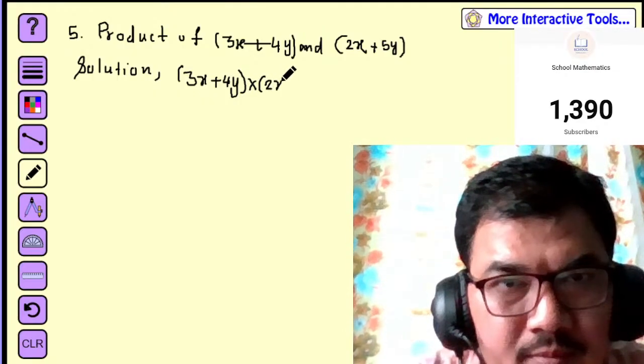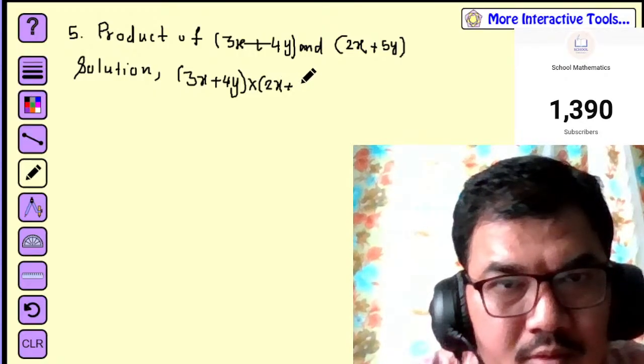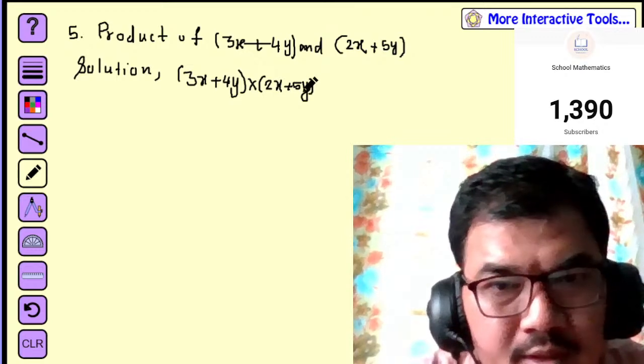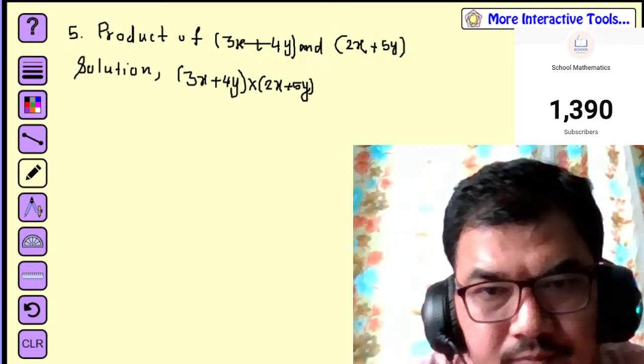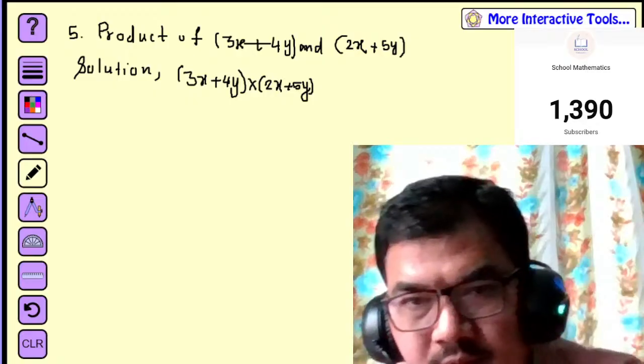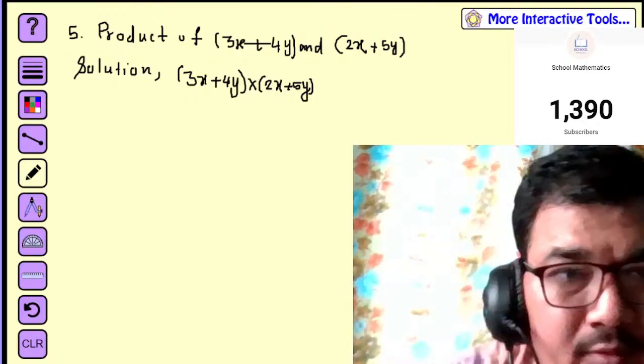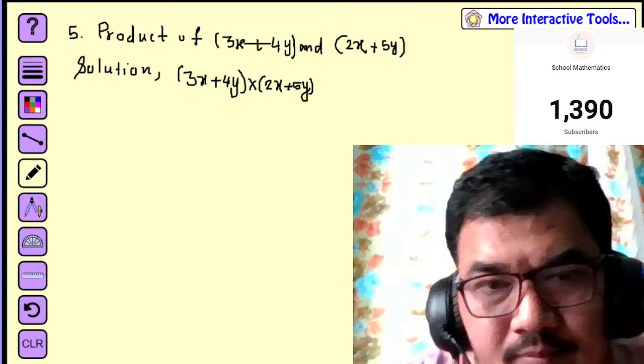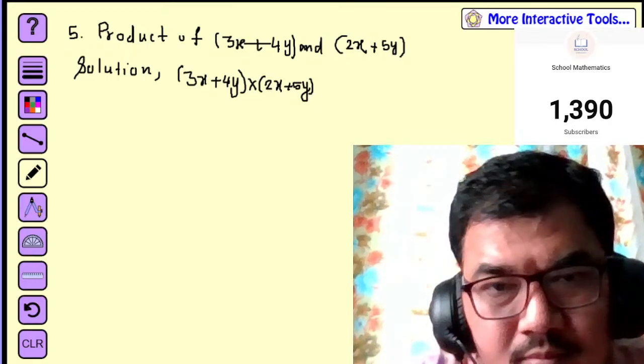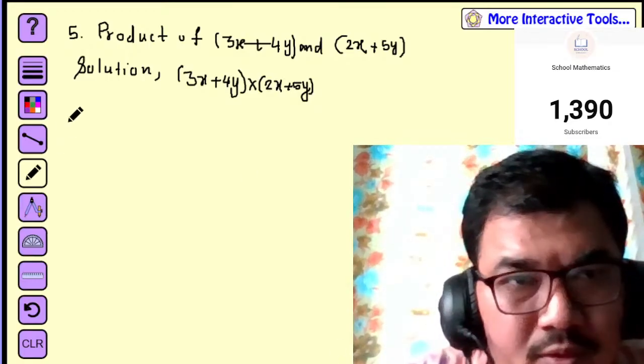And write here 2x plus 5y. These are the two binomials that we are going to multiply. Look, students, here.